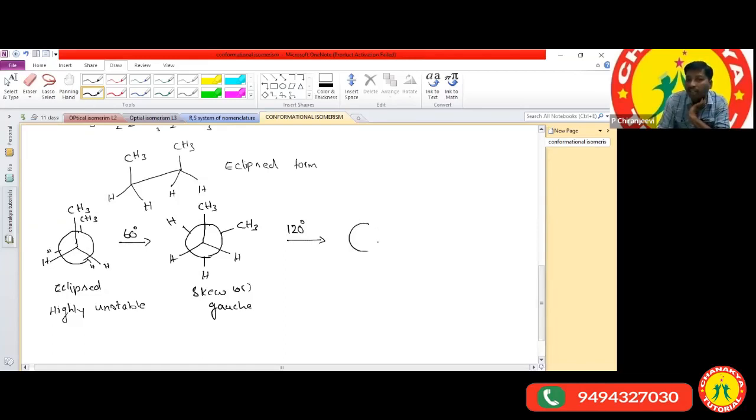In this one, the first carbon is kept constant: here CH3, here H and here H. This methyl group moves to here, this hydrogen moves to here, and this hydrogen moves here. Now we got one more structure.